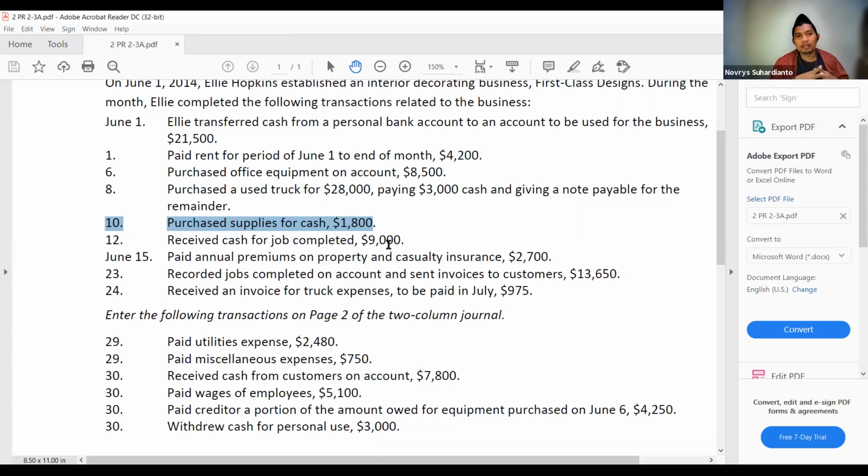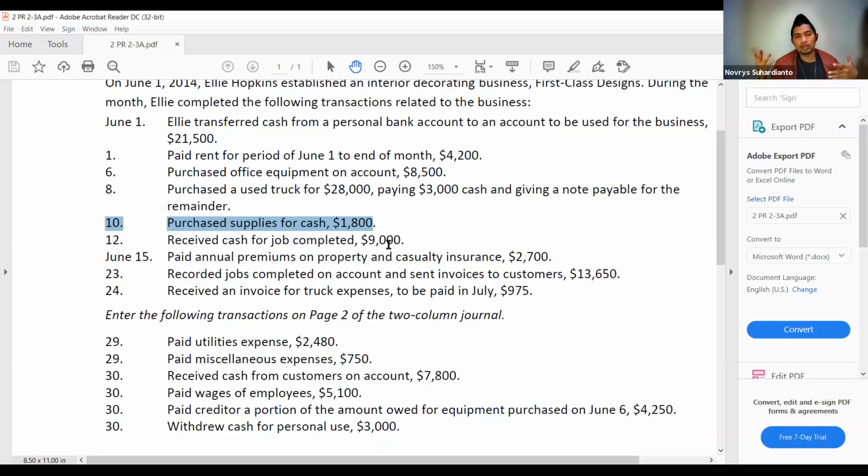However, in common sense practice, the supplies should be used in a business. The supplies was used, right? The supplies is not just fixed at 1,800.